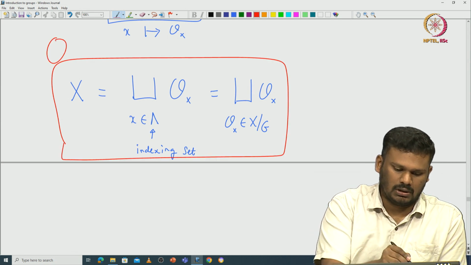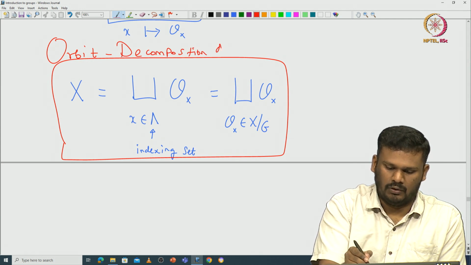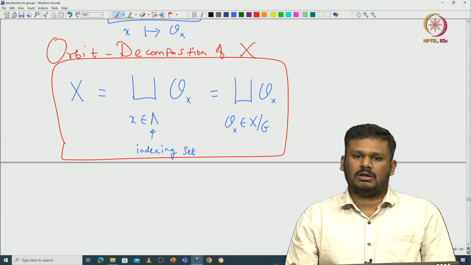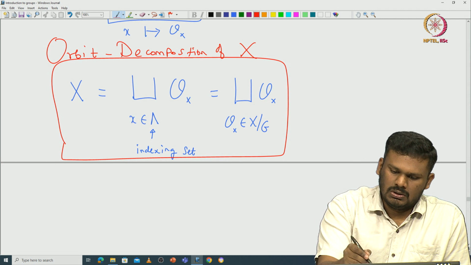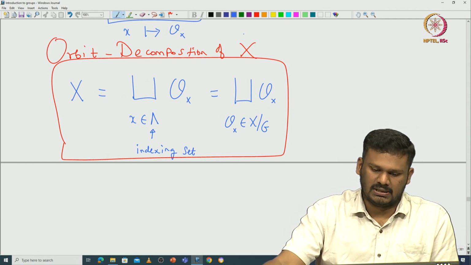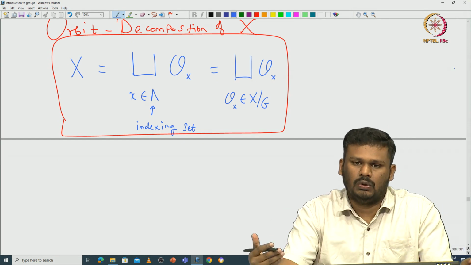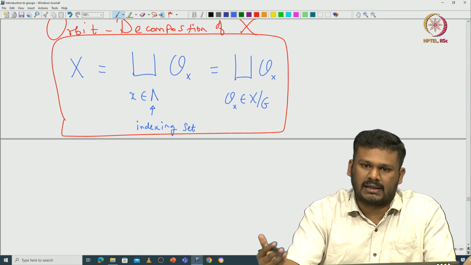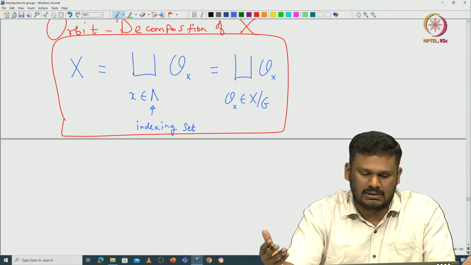This is called the orbit decomposition of capital X, of course with respect to the action of G. This is a very interesting decomposition, because using the action of the group we have divided X into smaller subsets, which are just orbits.